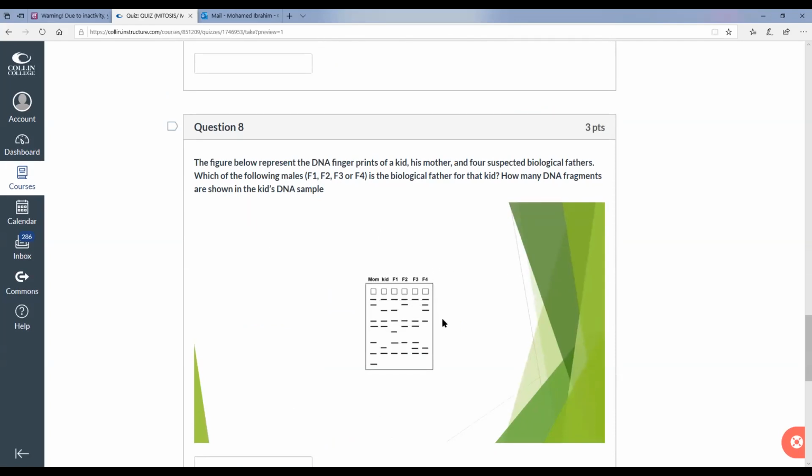DNA paternity testing. First of all, you are going to see this picture for sure in your practical, okay? This represents an agarose gel, and those represent the wells where we load the DNA. And each band represents a DNA fragment, okay?